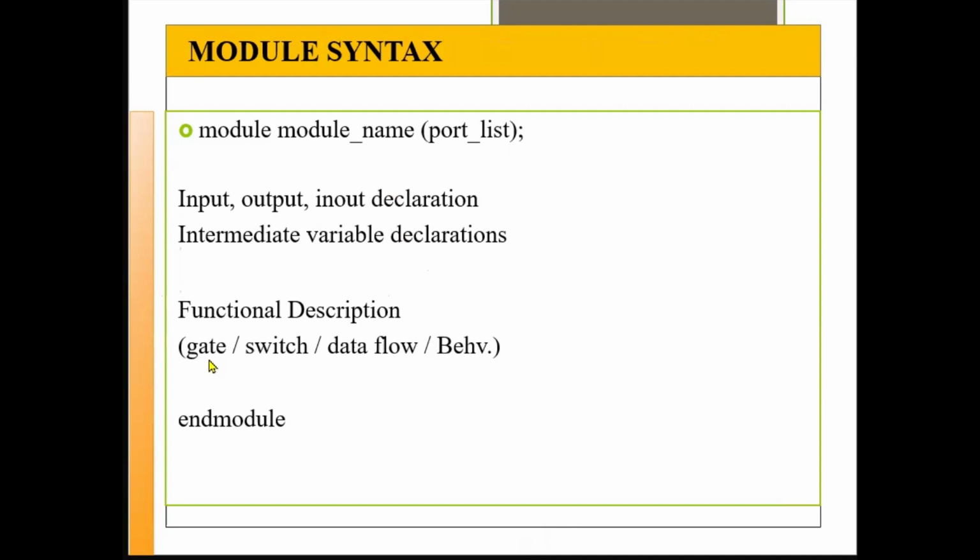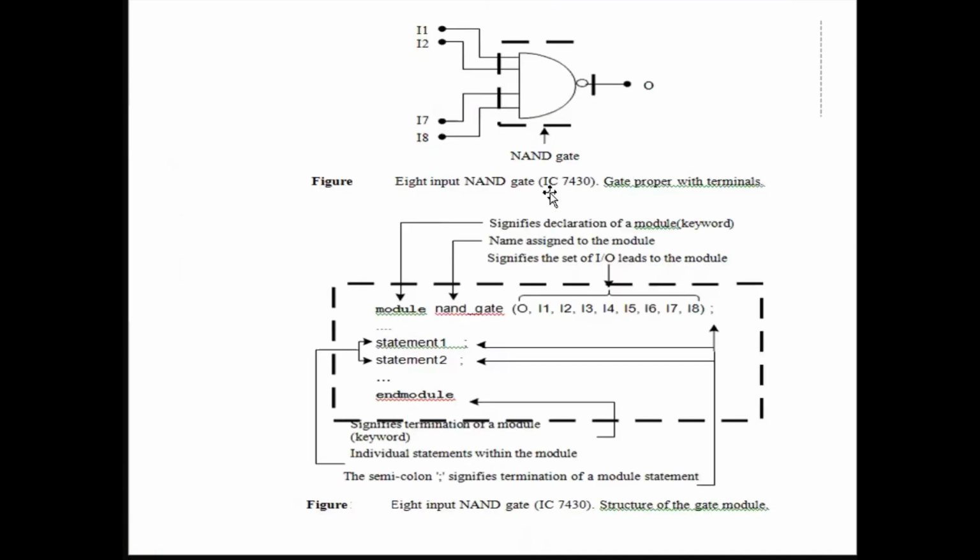Either you can use the gate level, switch level, data flow, or behavioral, or you can have a mix of any of these. Then, starting with the module, you have to end the module by endmodule. So, this is the syntax for writing the design module, not for the test bench.